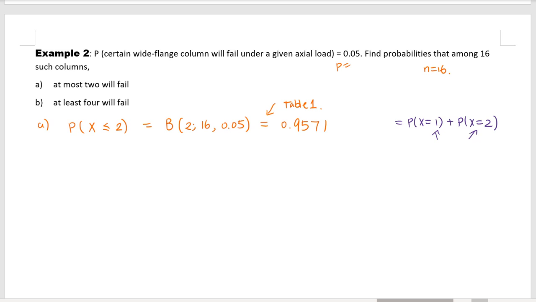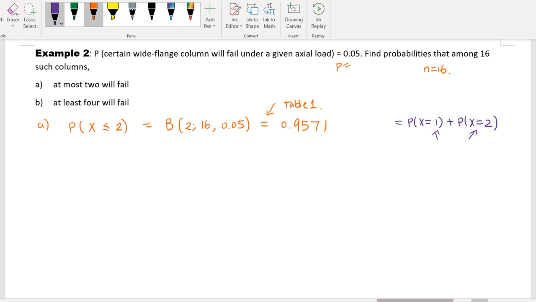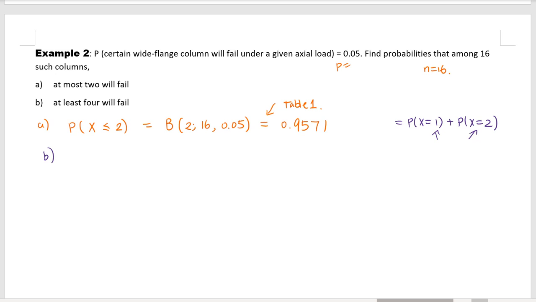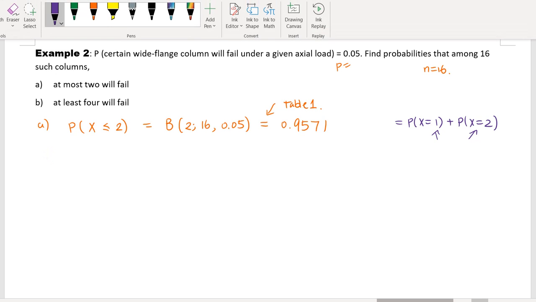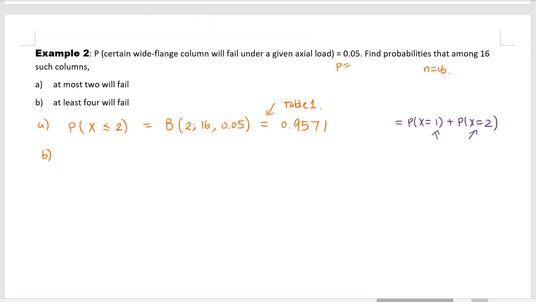So part B, at least 4, which means x is greater than or equal to 4. Because the CDF is less than or equal, when you see greater than or greater than or equal, you think about the complement.